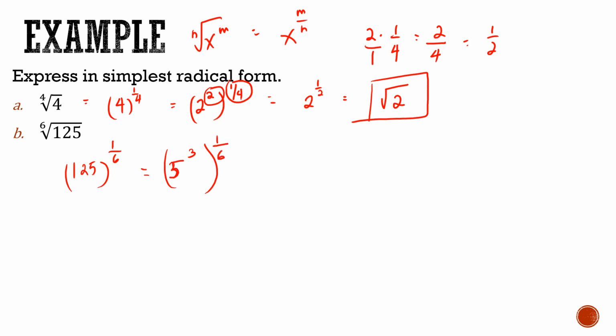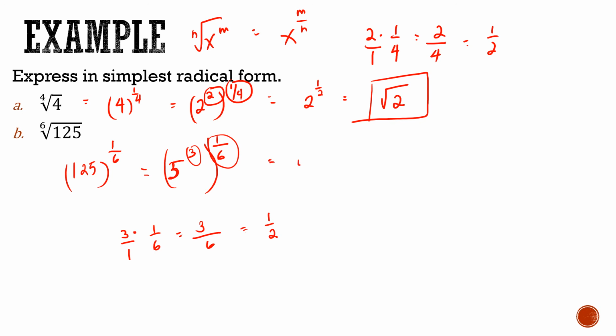After raising this, we multiply 3 and 1 over 6 since a power is raised by a power. So we can write this as 3 multiplied by 1 over 6. Again, a whole number has an invisible denominator of 1. Then multiplying numerator by numerator will give us a product of 3. Then denominator by denominator will give us a product of 6. Lowest term is 1/2.